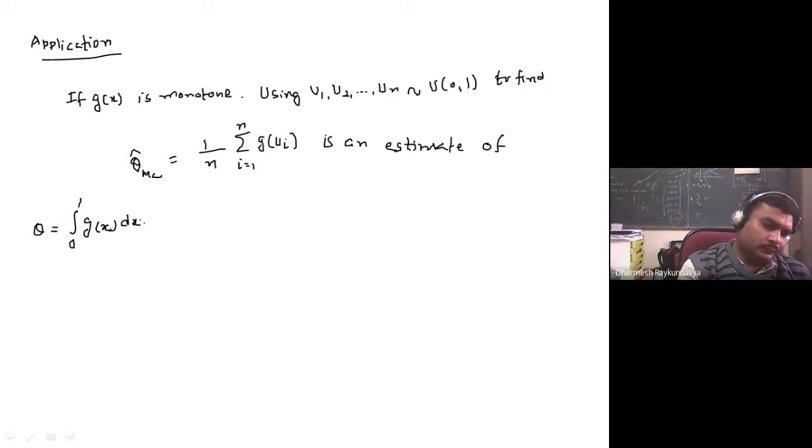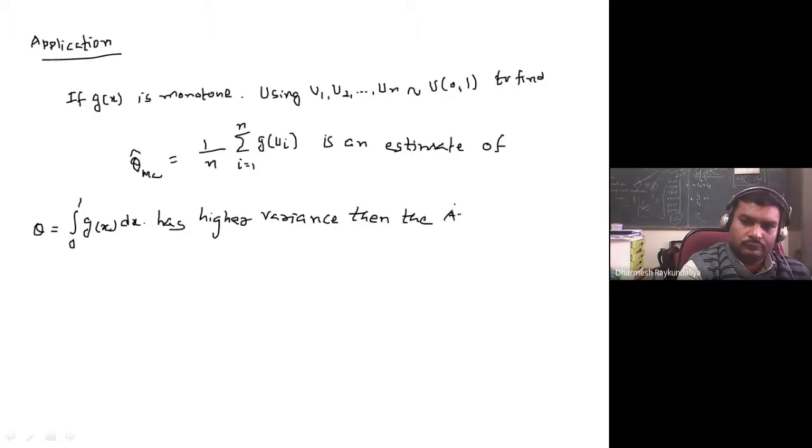This we know has higher variance than the antithetic estimator.